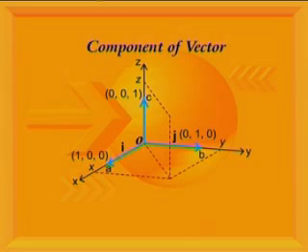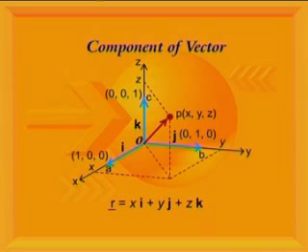If we have a point in space having coordinates x, y, z, then the vector OP can be written as xi plus yj plus zk. And if we denote this vector OP by R, then this resultant vector R is equal to xi plus yj plus zk. Why did I call it resultant?